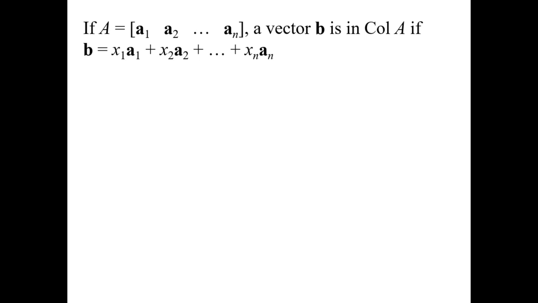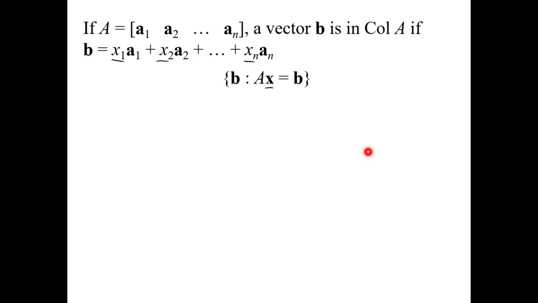Well, that's just another way of saying that B is a result of A times some vector. If x1, x2 up through xn are the weights in this linear combination, put those all together, call that the vector x. Basically, B is in the column space if B is the result of A multiplied by x.